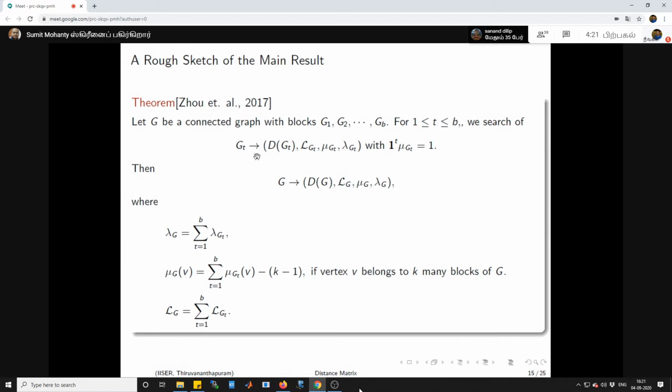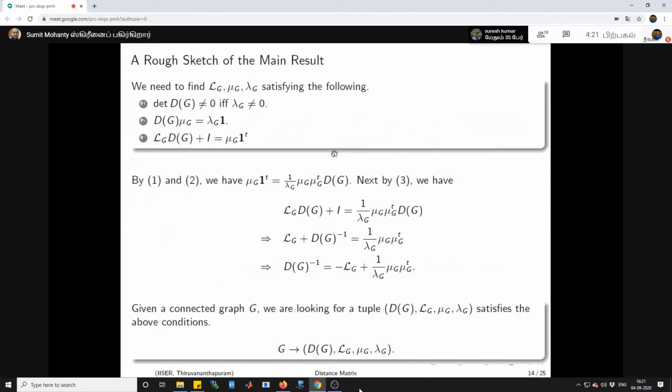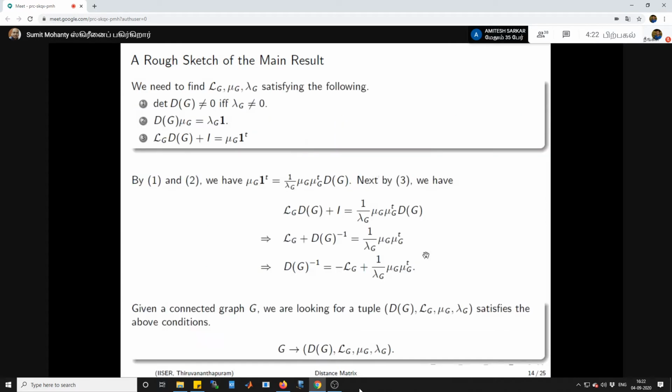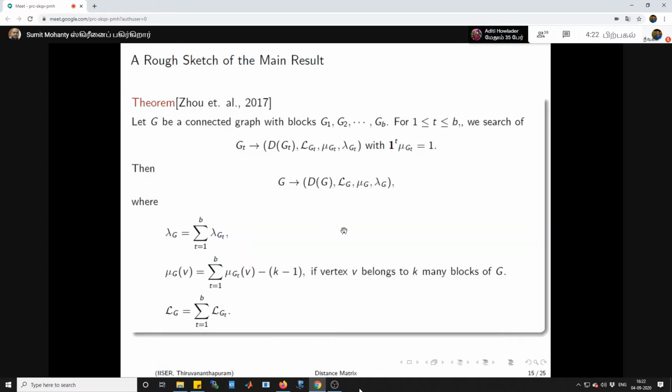If for each subgraph you have a quadruple like this, that means for each subgraph you have an inverse of this form. That means each of the blocks satisfies this form for the inverse, then it is possible to get a form like this.